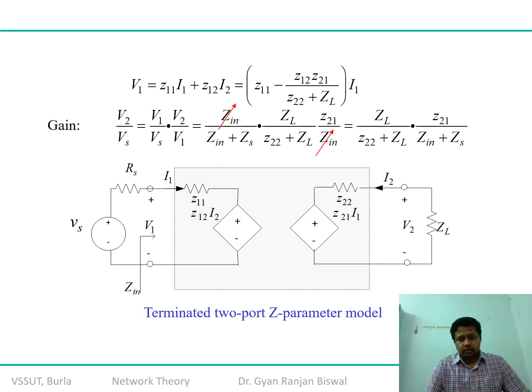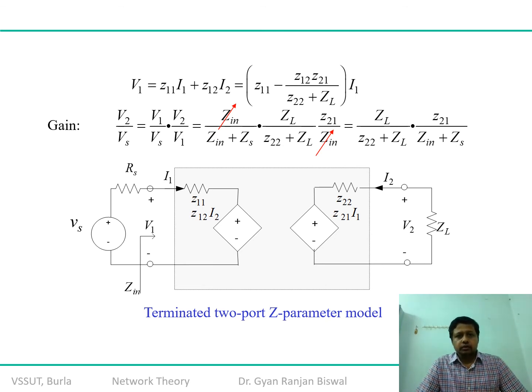You can follow these intermediate steps and get your answer overall for the gain, which is the ratio of output upon input. So what about the gain as far as this particular circuit is concerned?